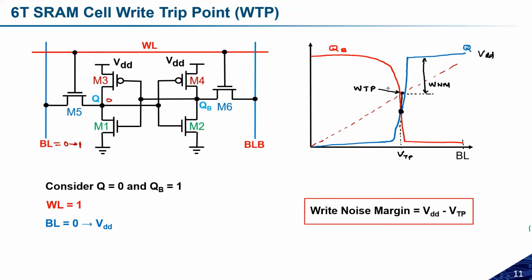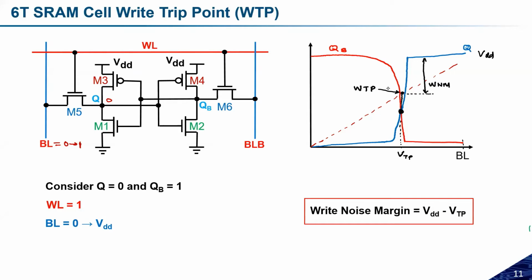So this is the second way to calculate the write margin, because we have seen in the previous lecture that there is only one stable point during the write operation. If we are doing a hold operation and a read operation, we have two stable states, but while writing we have only one stable state.